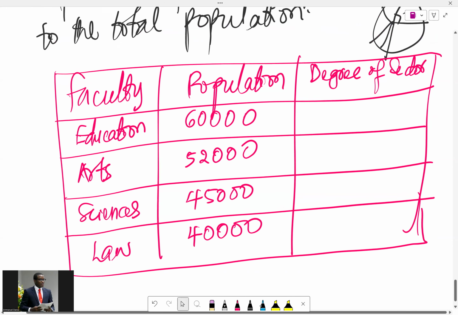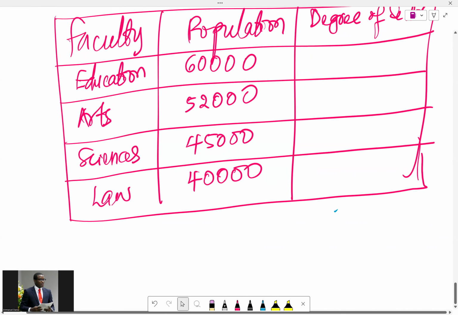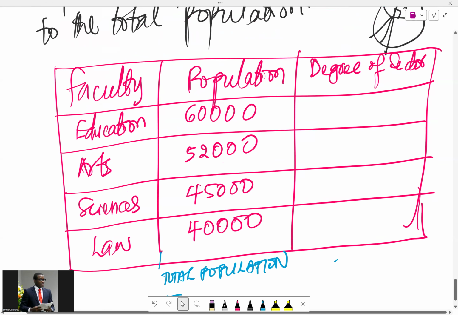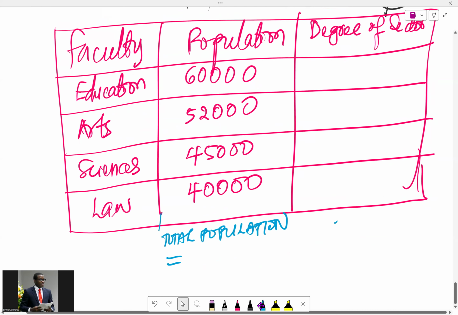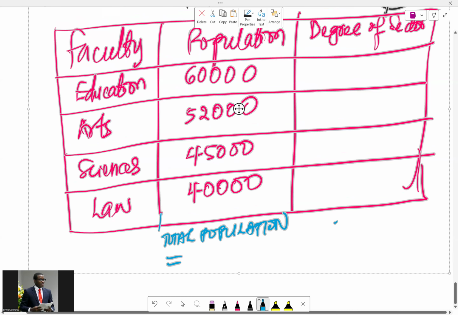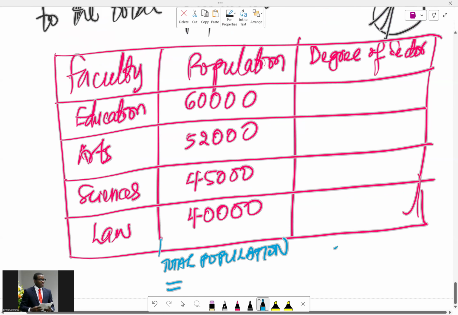So now to calculate the degree, of course, before we do that, we need to find the total population. So we need the total. That's the addition of all this population. The total population will be, of course, 60 plus 40 is already 100,000. Then we have 52 plus 45, that is 97,000.